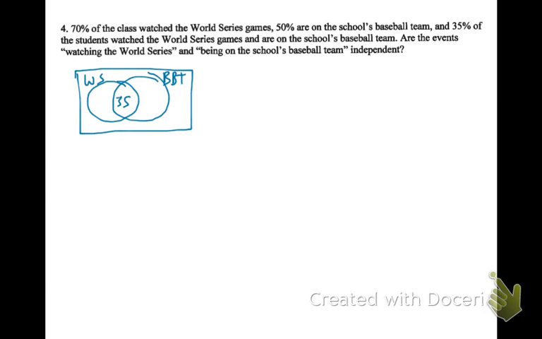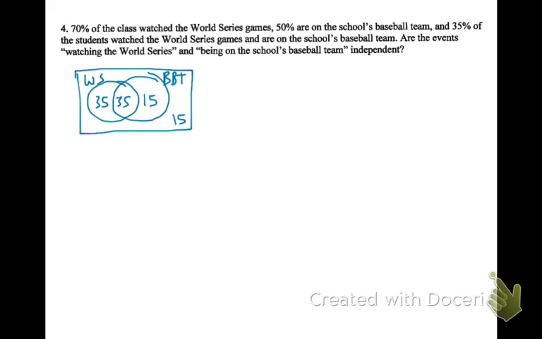So I'm going to write 35 as our intersection. That means the remaining of the World Series watchers is 35, and 15 is the remaining baseball team players. That totals up to 85, so there's another 15% that's in neither of those.